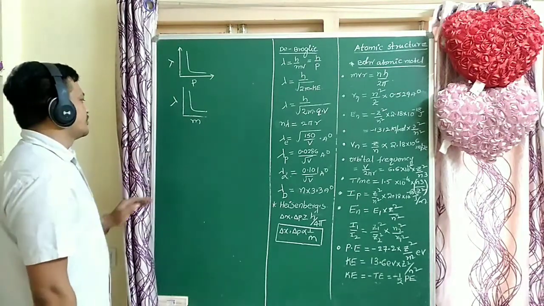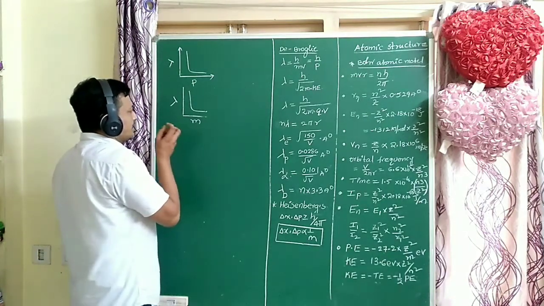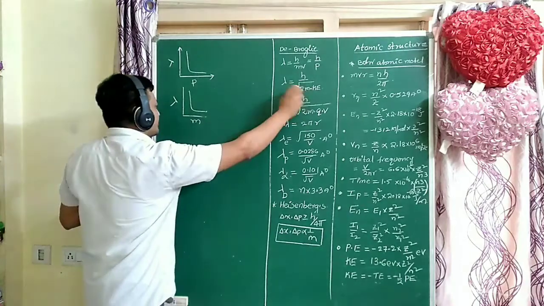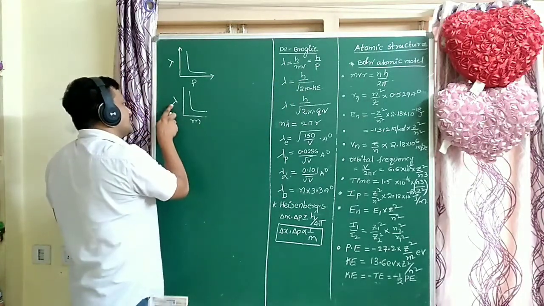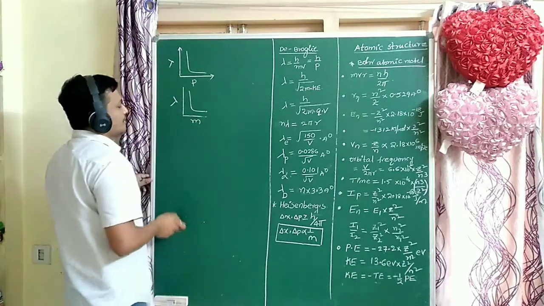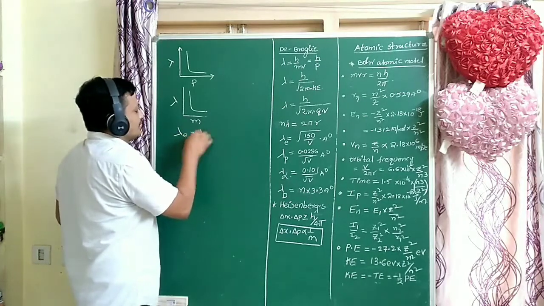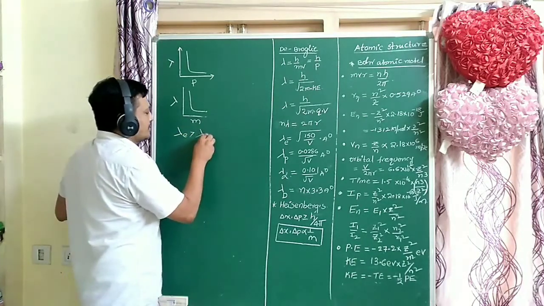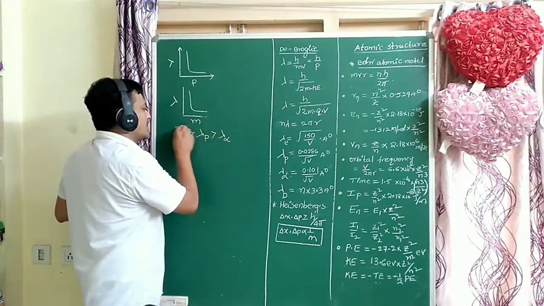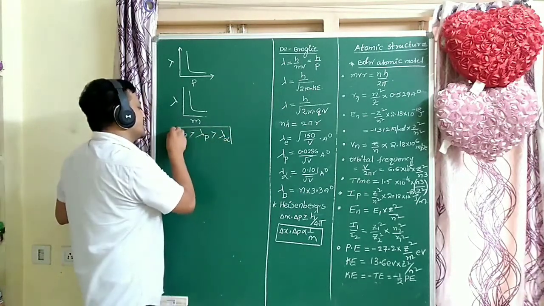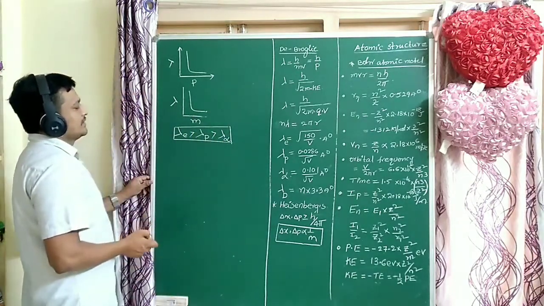That is very important. For example, for the same kinetic energy, what is the relation between wavelength and mass? The electron wavelength is more than the proton wavelength, and then the alpha particle wavelength. So as mass increases, wavelength decreases.